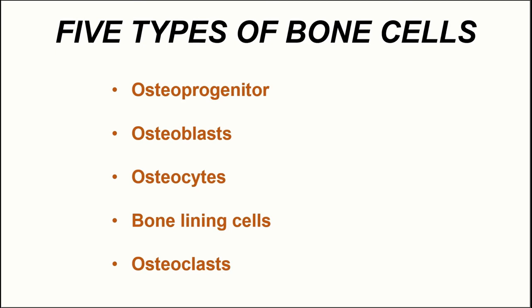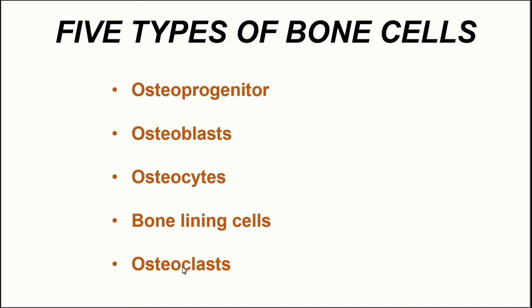So let's take a look at types of bone cells. We see five types of bone cells, and we'll look briefly at all of their functions and what they do. First we have osteoprogenitor cells. Osteoprogenitor cells will give rise to osteoblasts, and these osteoblasts will give rise to osteocytes. Similar to osteocytes in terms of function are the bone lining cells.